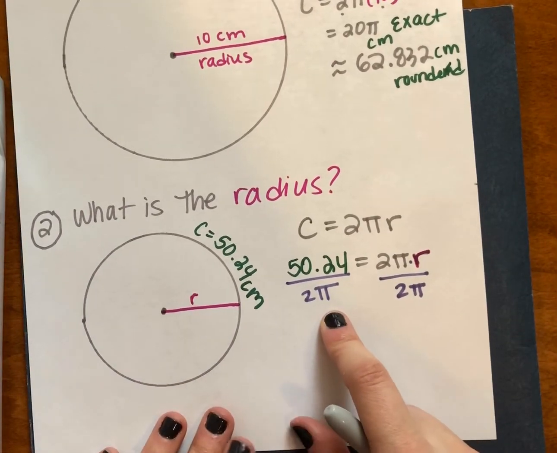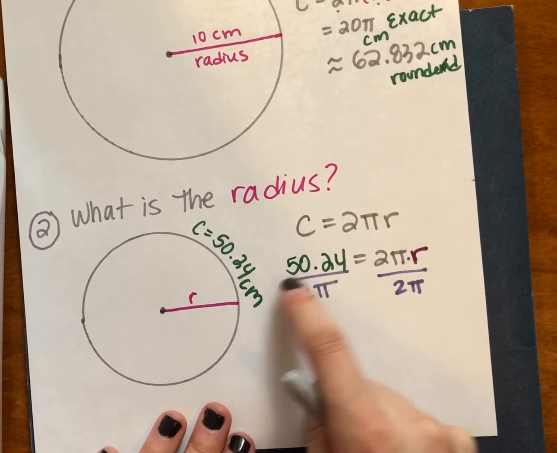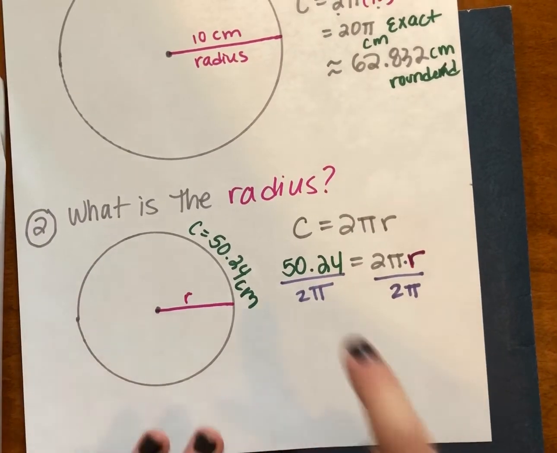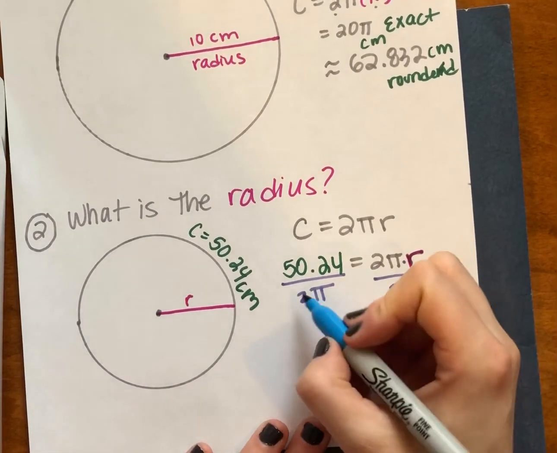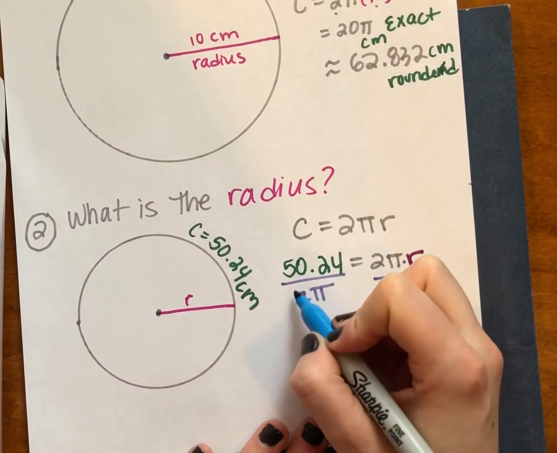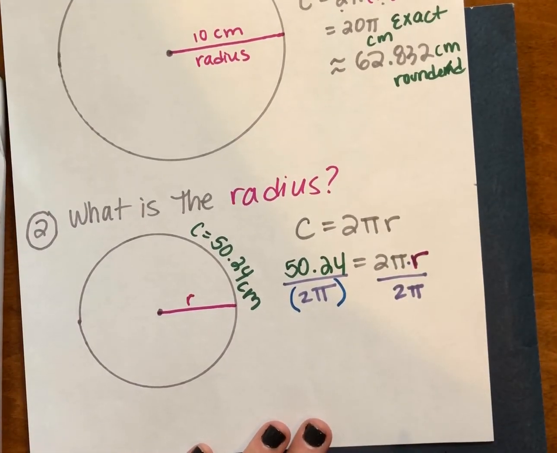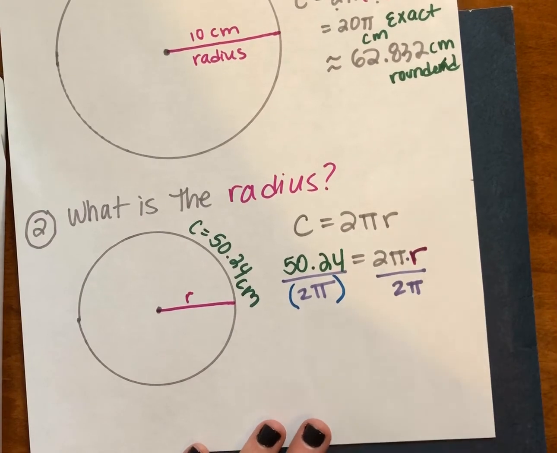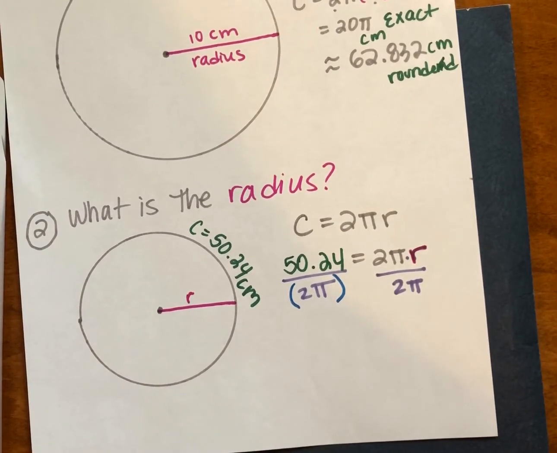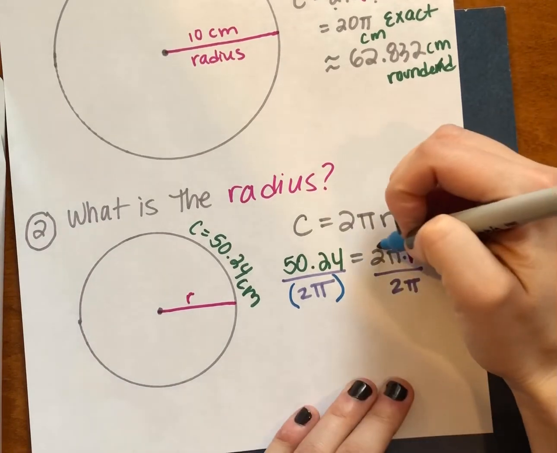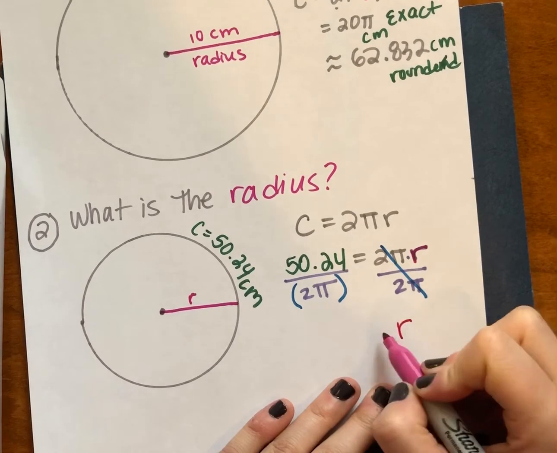This is something that you could type right into Google, 50.24 divided by 2 pi, and it would give you a decimal answer. I would suggest if you're typing this into Google that you put parentheses around the denominator here. So everyone try that out. Type this into Google, see if you get that answer. What we should get is on this side, the 2 pi's cancel out, and I'm just left with what r is.